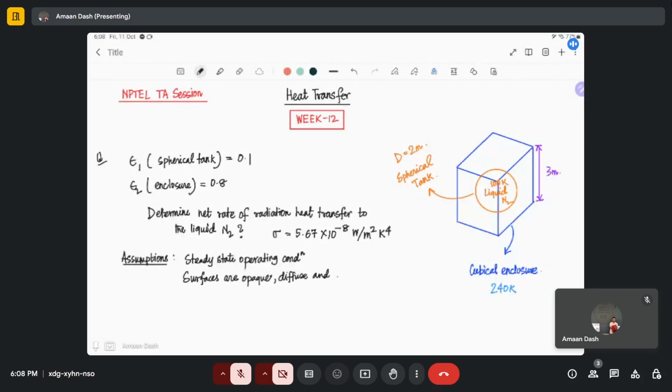Now, the temperature of the cubic enclosure is measured to be 240 Kelvin.